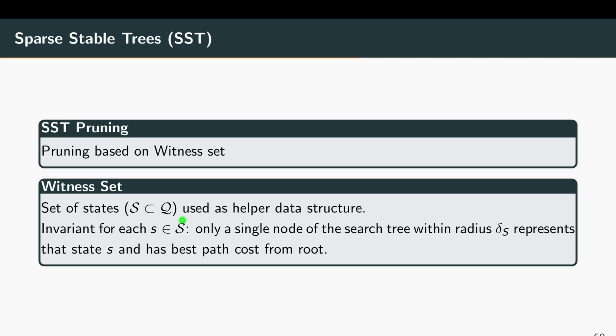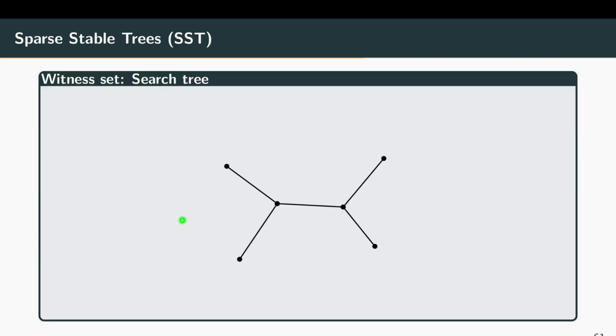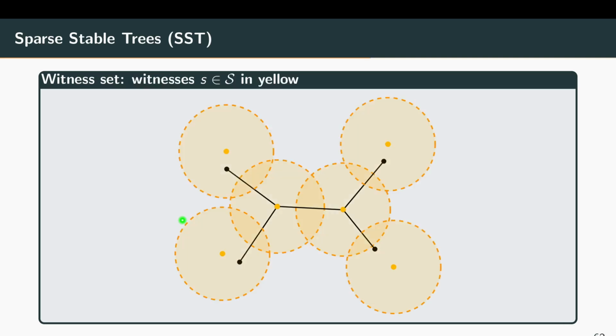Okay, so let's look at it maybe graphically. So let's assume we have some sort of search tree like that. Then if we have witnesses, then we can use this radius always as these kind of circles, and the witness points themselves are yellow. And you can already see that some of them are kind of identical to what's in the graph, but some of them are not. Like here, for example, it's not.